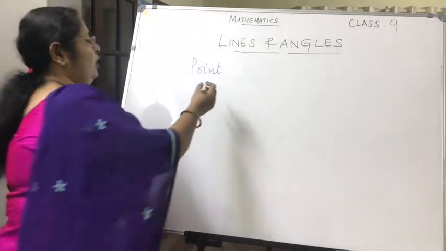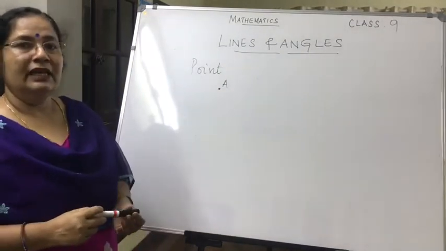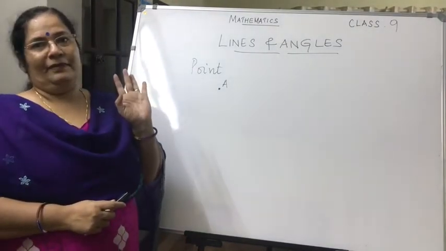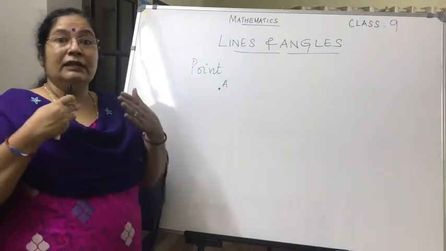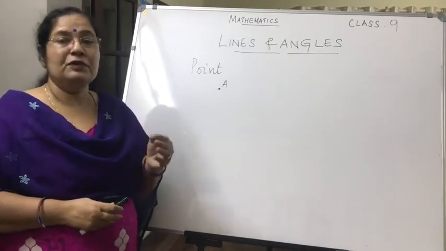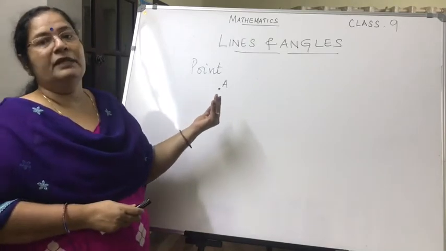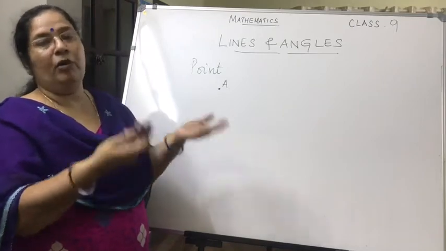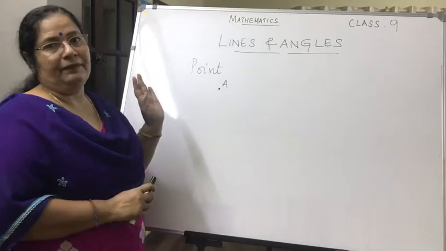I'm naming this dot A. Then this will represent point A. This can be the definition for a point: it is a representation of a position. When you give different names using different letters of the alphabet, those points are called point A, point B, point C or point D, whatever it is.